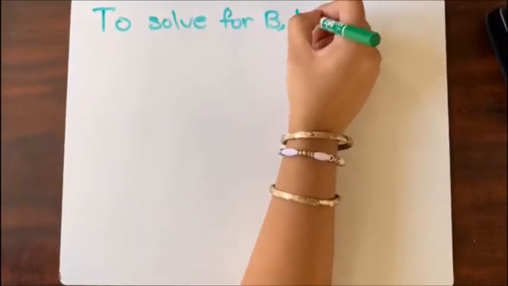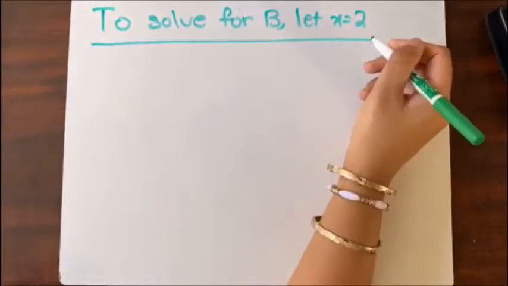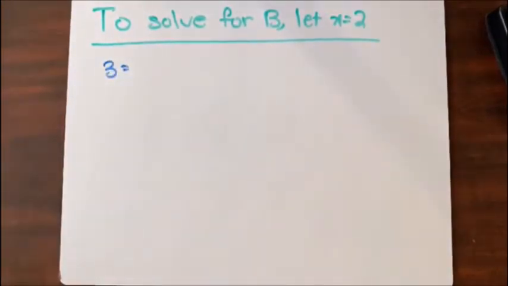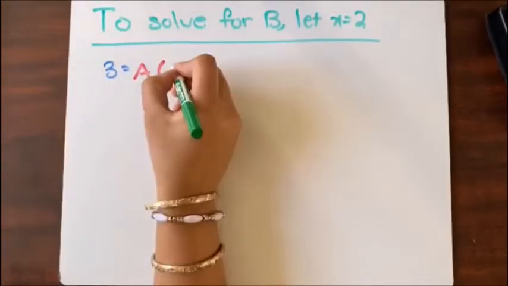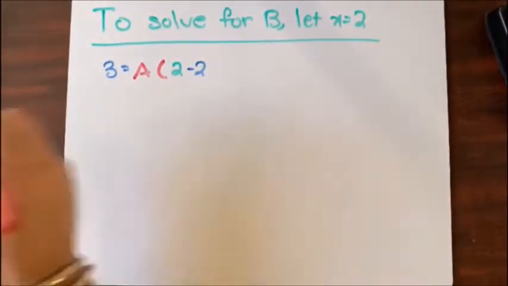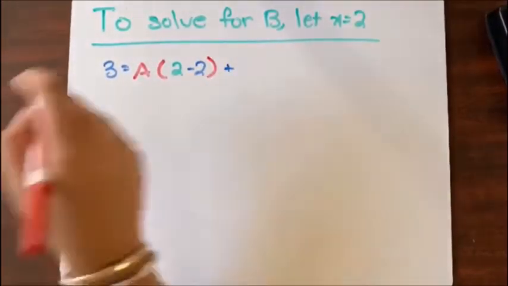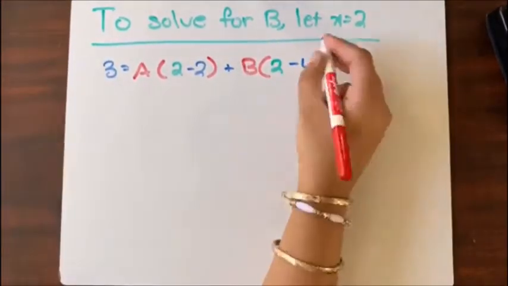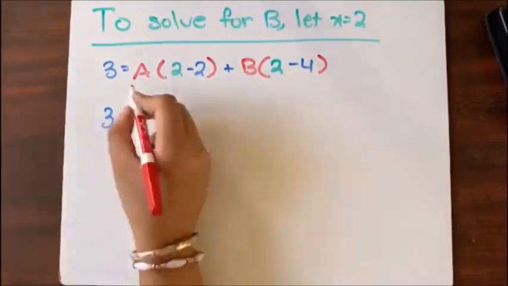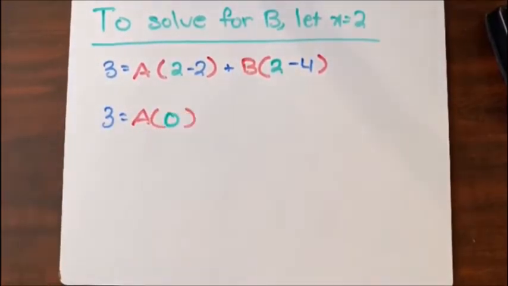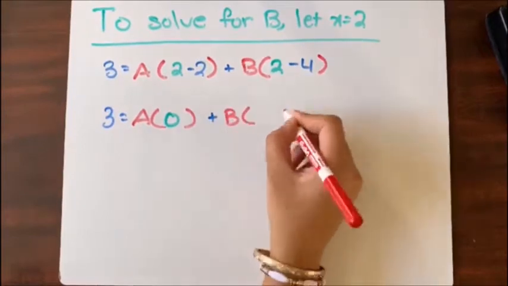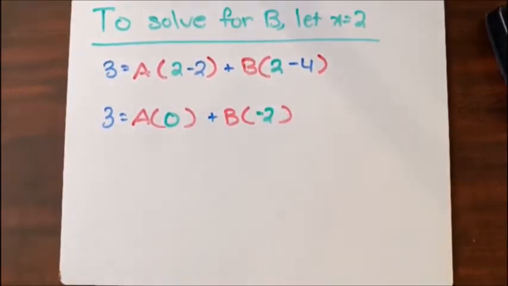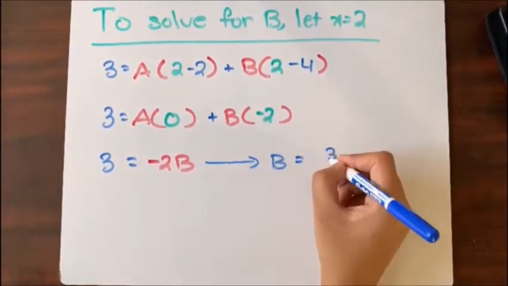To solve for b, let x equals 2 since we are trying to negate term a. b equals negative 3 halves.